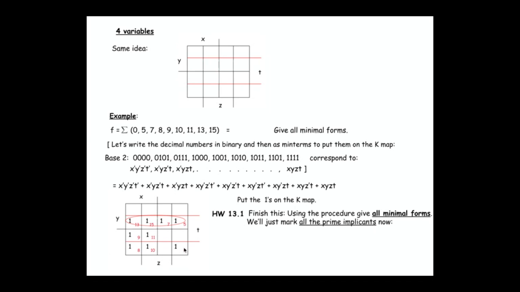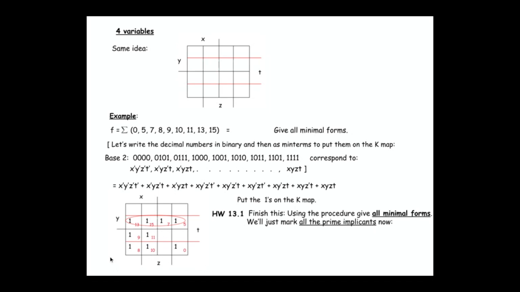We should remember that the implicants can only be sizes of powers of 2. So you can have a trivial implicant that is 1, then an implicant that is 2, an implicant that is 4, or 8, or 16 or 32, but you cannot have 3 or 5 or 6 or 7 or 10 or 12.